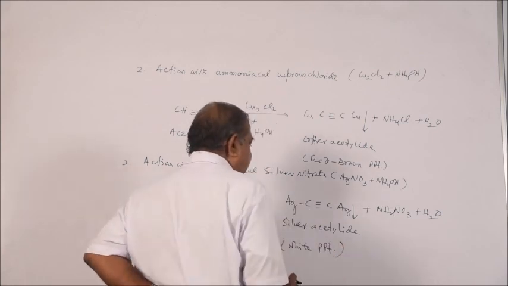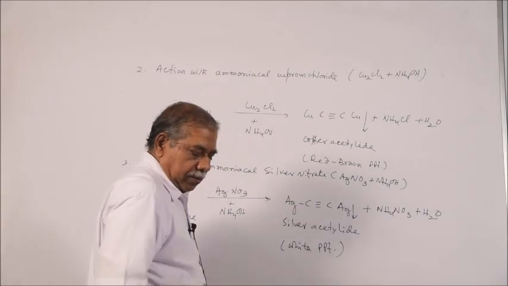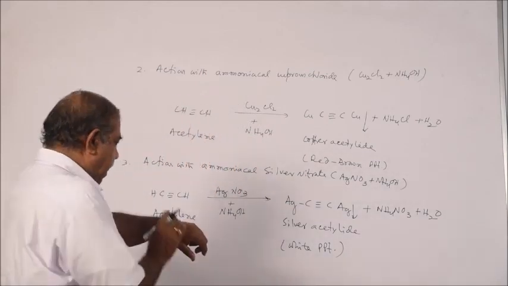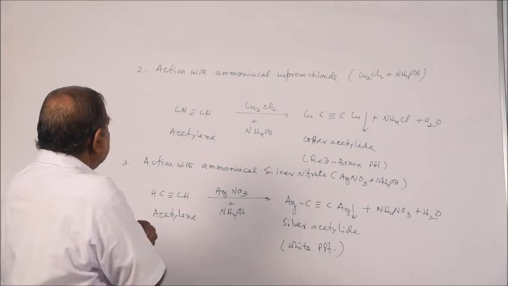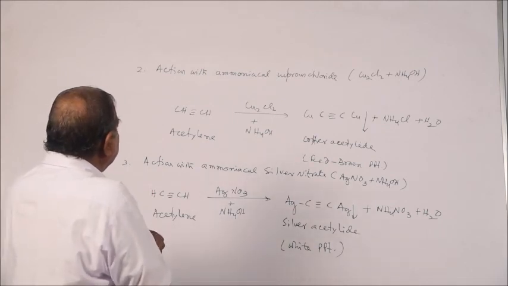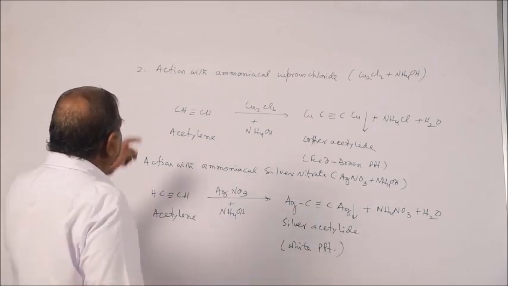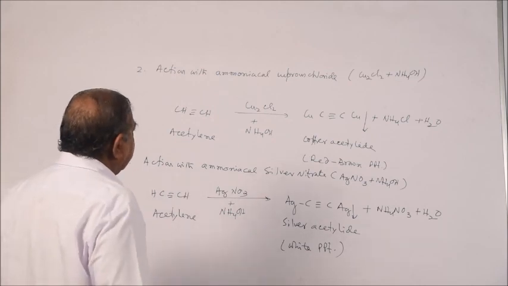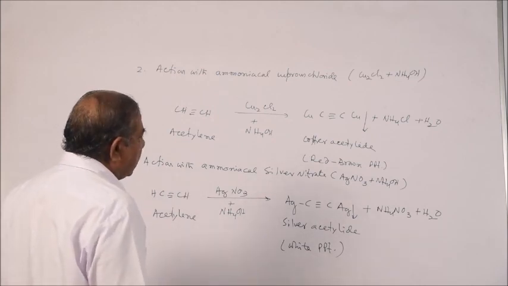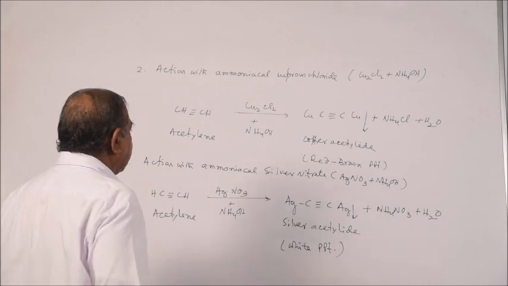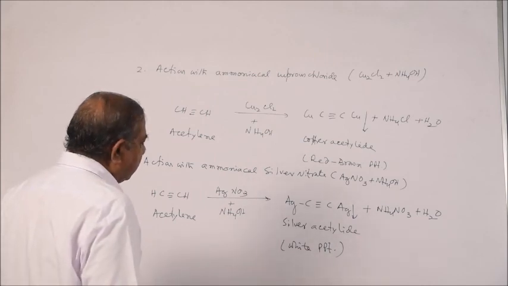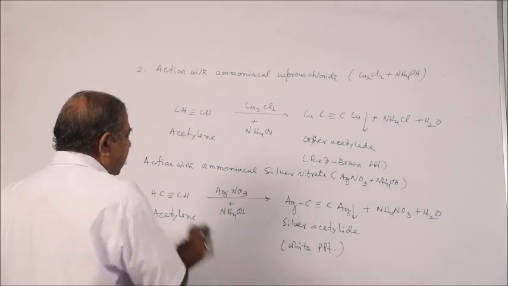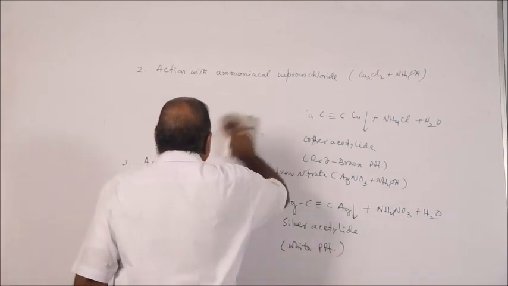So this reaction can also be utilized to distinguish between ethylene and acetylene. If it is asked to distinguish between ethylene and acetylene, write reaction 2 or 3. With ammoniacal cuprous chloride, you get copper acetylide, a red brown precipitate. With ammoniacal silver nitrate, you get a white precipitate of silver acetylide.